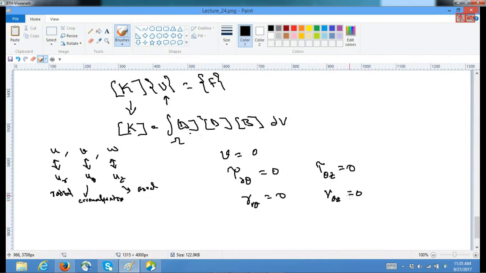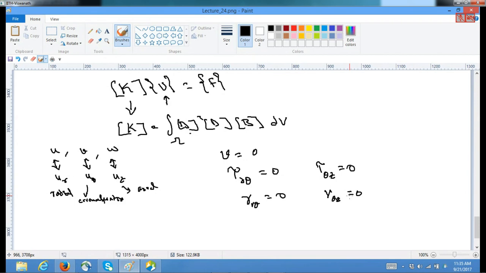So out of 9 stress and strain components, we have already knocked off 4, and hence we will end up with the remaining 5, out of which tau rz equals tau zr. That means we have only 4 independent stress components and strain components.